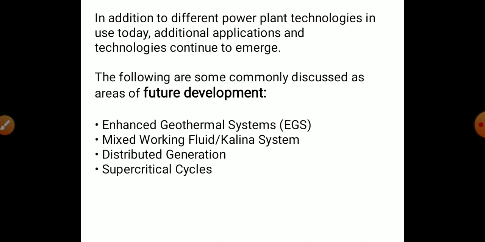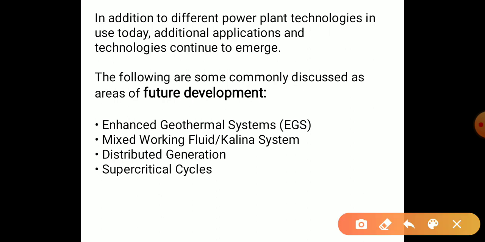In addition to the different power plant technologies in use today, additional applications and technologies continue to emerge. The following are some commonly discussed areas of future development.